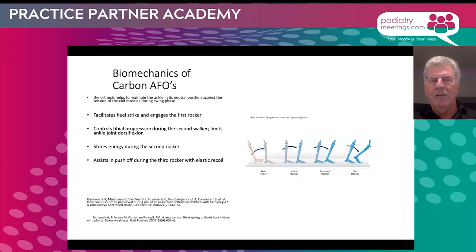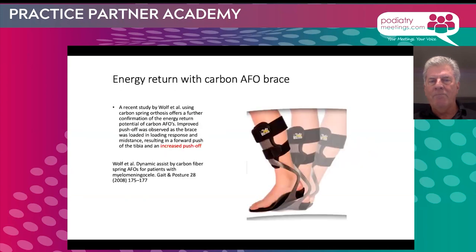They facilitate heel strike and help facilitate the first rocker. They control tibial progression during the second rocker and limit excessive ankle joint dorsiflexion and loading of the Achilles. They also store energy during the second rocker, which during the third rocker assists in push-off with elastic recoil.